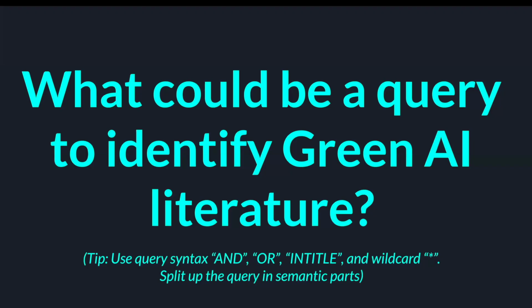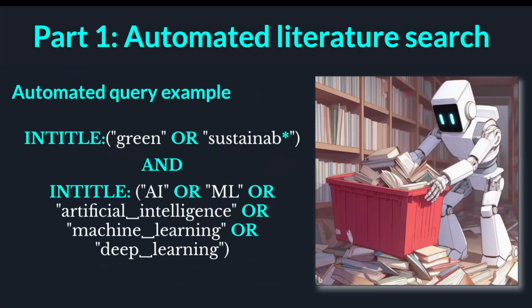And this is why it's in a more structured kind of process. You divide in semantic parts, and then that's just for the synonyms, right? So then you can say, okay, but maybe not everybody uses green, they use sustainable, right? And maybe it's not AI, it's ML or deep learning or who knows. And that's how then you construct a query.